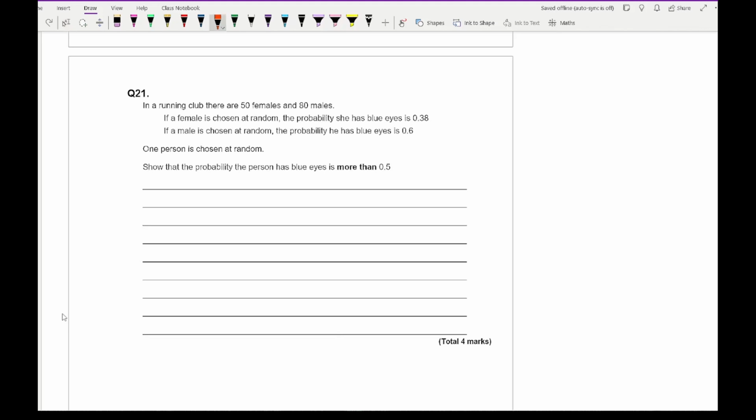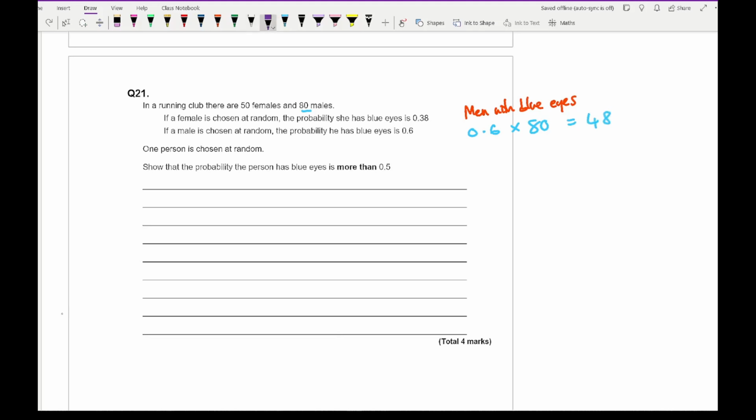So here, let's have a look at this. What we want to do is work out the total number of people who had blue eyes. In terms of the men with blue eyes, that's going to be 0.6 multiplied by 80, and if I type that into my calculator, I get an answer of 48.